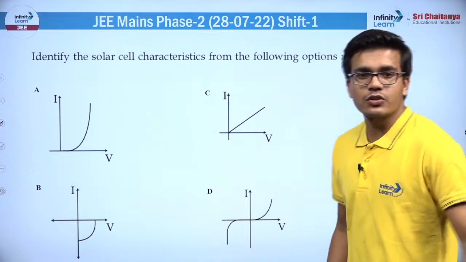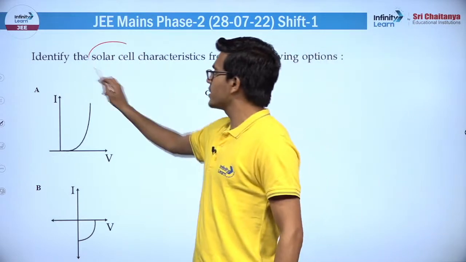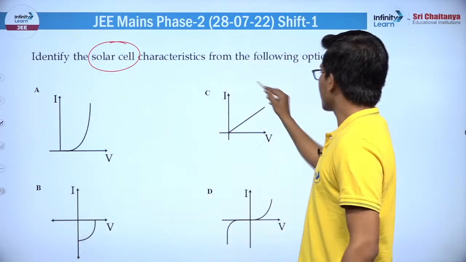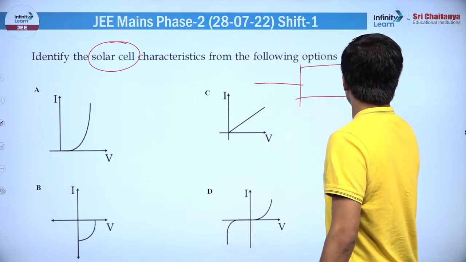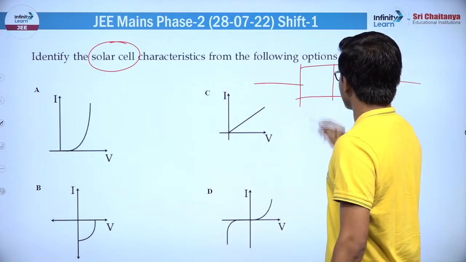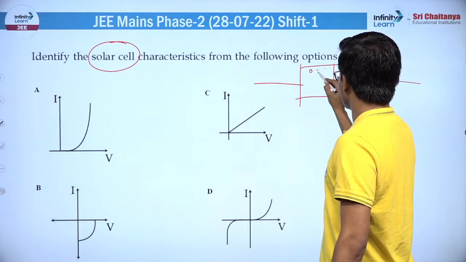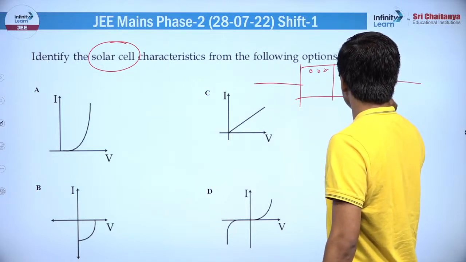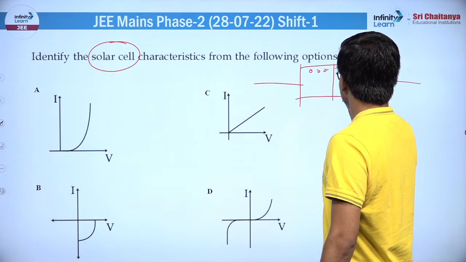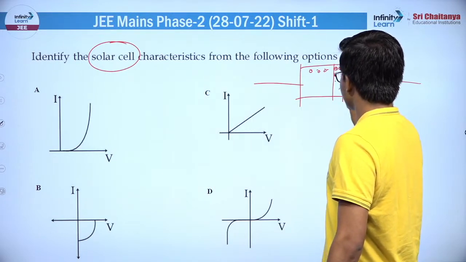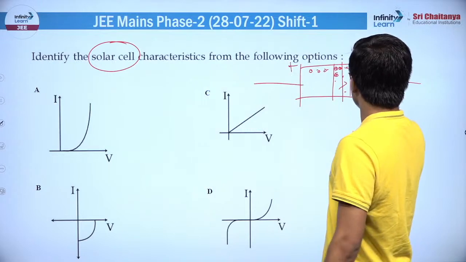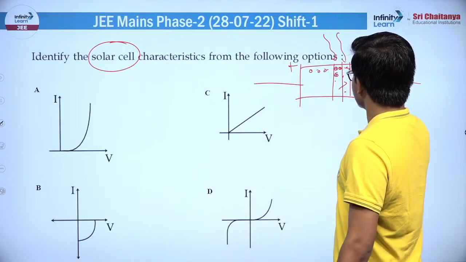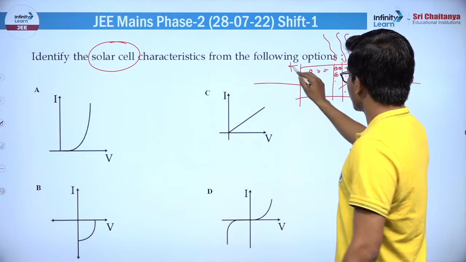This is again a direct theory based question. In semiconductors we read about the solar cell, and in a solar cell you have a PN junction. There is a depletion layer, P has holes, and N has so many electrons. Initially, due to the incidence of solar light, you get a potential.